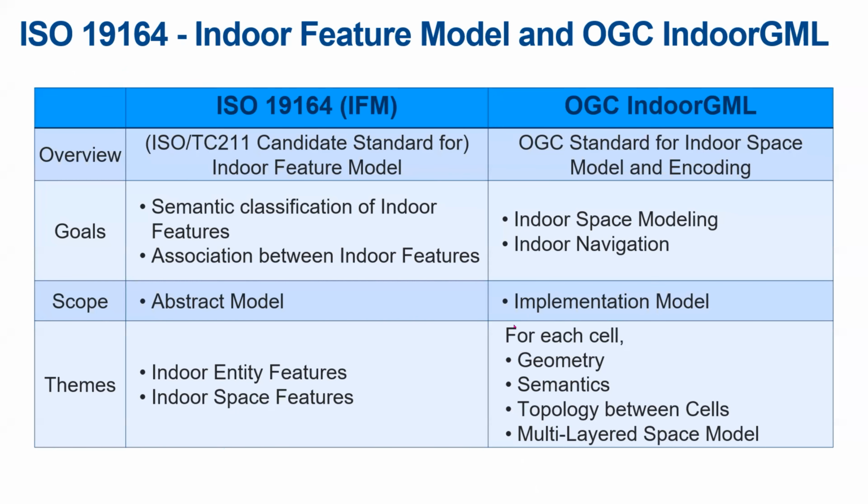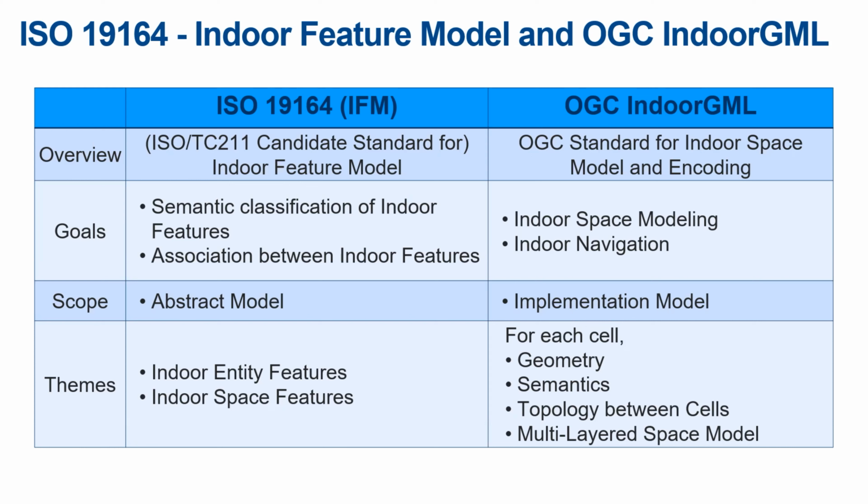I'd like to give a very short background. We have an IndoorGML standard, which is for the indoor spatial model and includes a schema. And as you know, we have a very interesting project, ISO 19164, the indoor feature model.